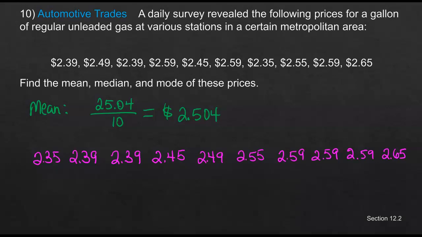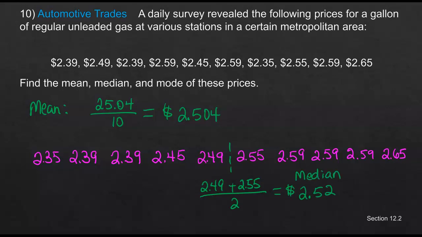1, 2, 3, 4, 5. So here is my middle. And you can see this time, because we have an even set of numbers, that we're going to have to take the 2.49 plus 2.55 and divide that by 2. And so our median is going to be $2.52. I'll label that right there. And that's the median.